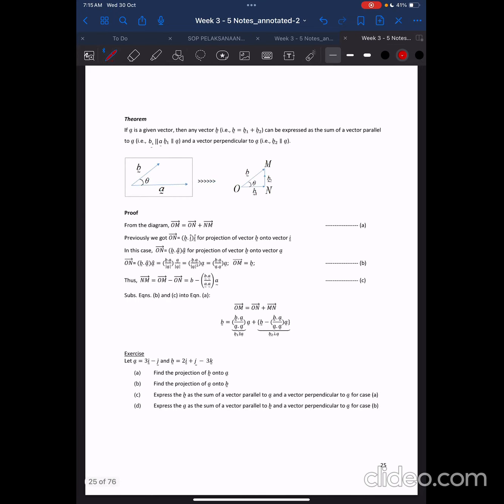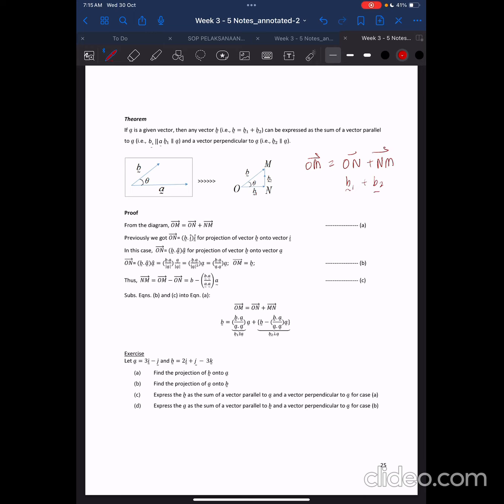Alright. And if A is a given vector, then any vector B can be expressed as a sum of a vector parallel to A and a vector perpendicular to A. So imagine like this. If we want to find the vector OM, the vector OM is actually ON plus NM. Okay, so the vector ON is actually B1 plus B2.